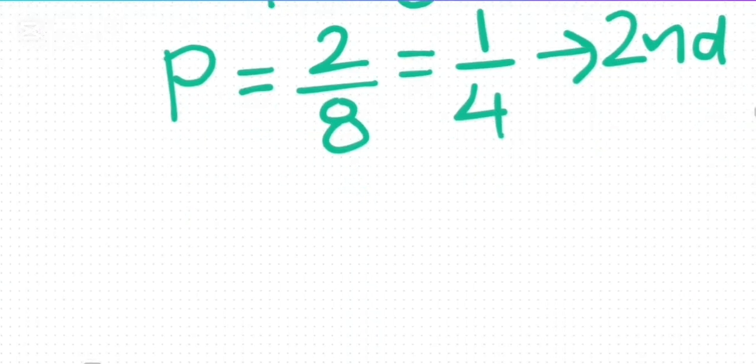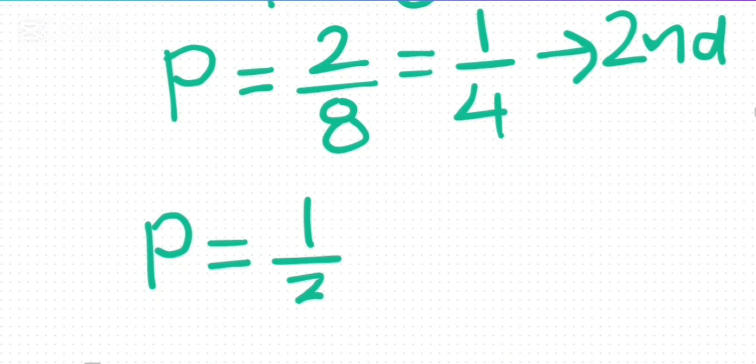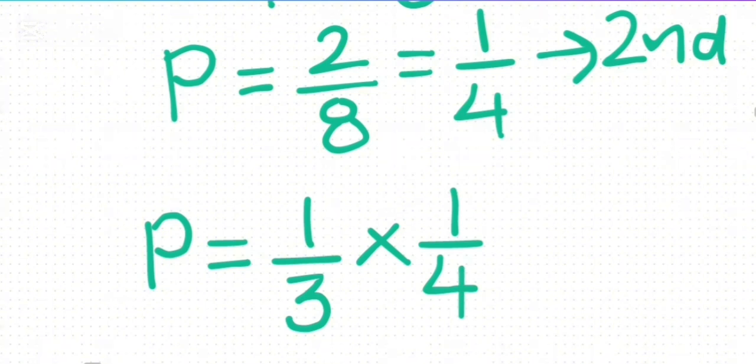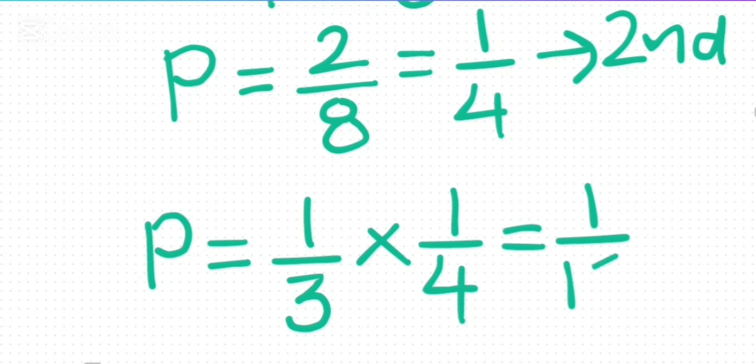If you apply the formula, for the probability of both balls you need to multiply these two values. 1 out of 3 multiplied by 1 out of 4, so it becomes 1 out of 12.